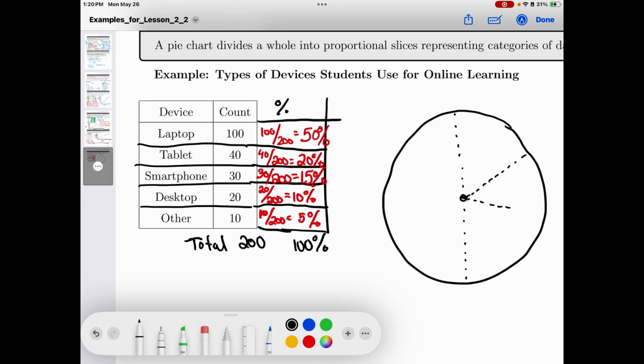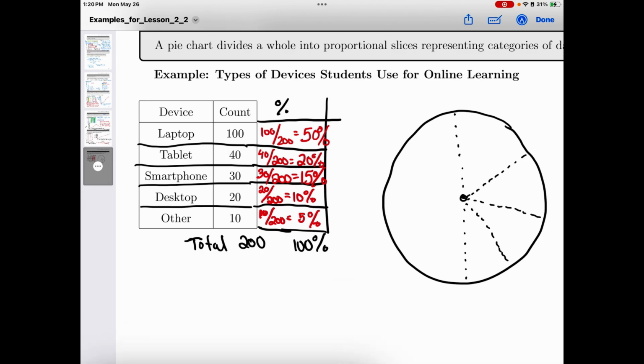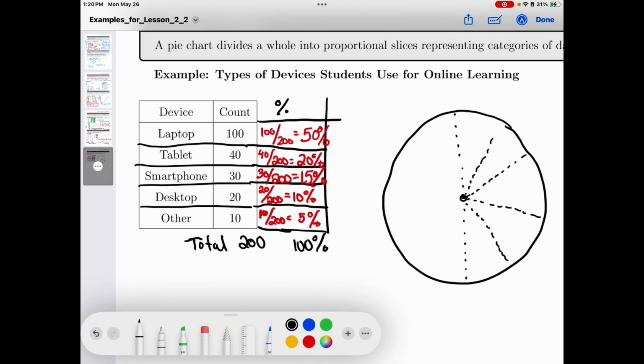Again, I'm just eyeballing it the best that I can, but if you have a protractor or something else that you can use so that it's more accurate, that would be better. So I just created 10 slices, and each slice is worth 10%.